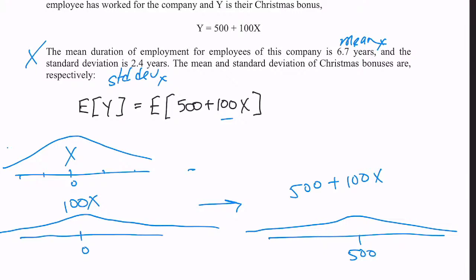Okay? So what I wanted to demonstrate is that multiplying a random variable by a number spreads out the distribution by that number. If this number was less than 1, it would narrow the distribution. It would tighten the distribution. Adding a value shifts the distribution over on a number line.